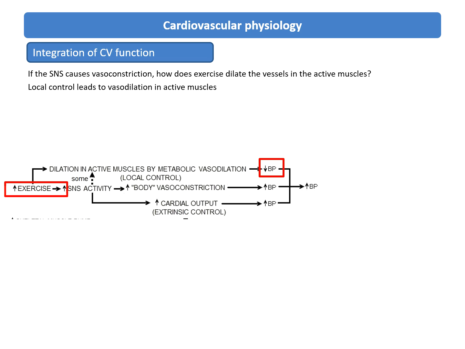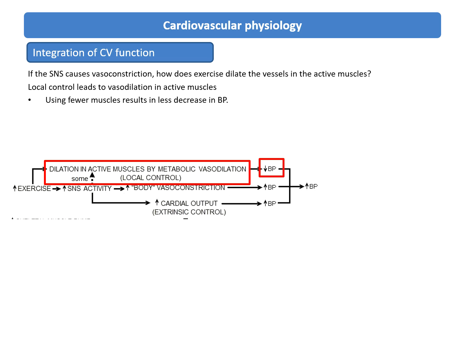How does it work? Well, remember, the active muscles use up oxygen, they generate carbon dioxide, they secrete signal molecules, all of which dilate the vessels that are supplying those muscles. And so it increases their blood supply, their nutrient supply, and their oxygen supply.